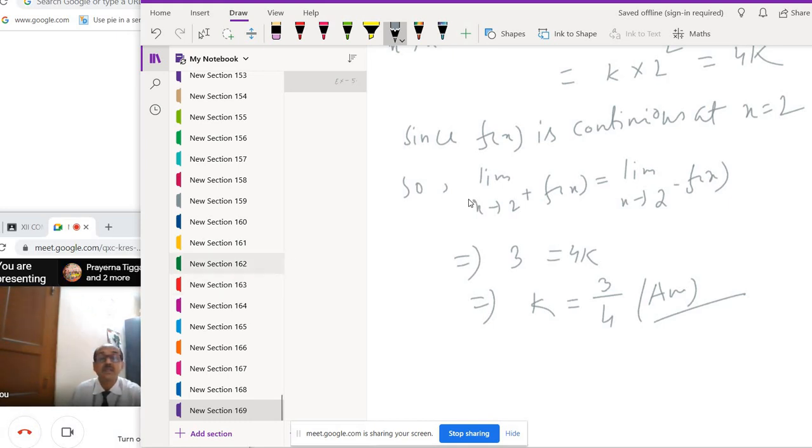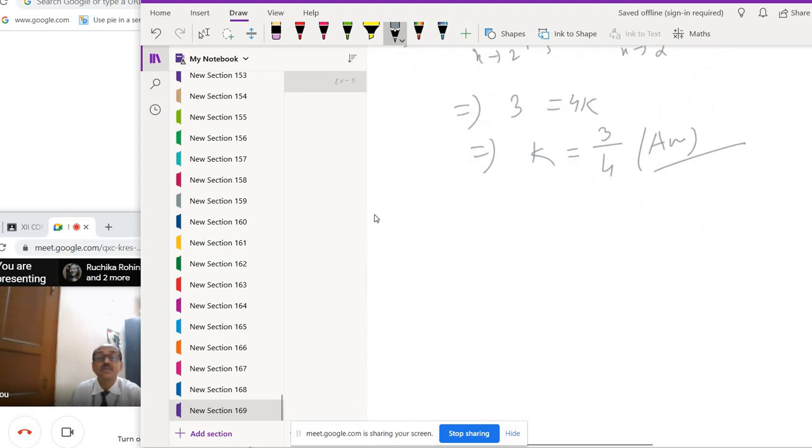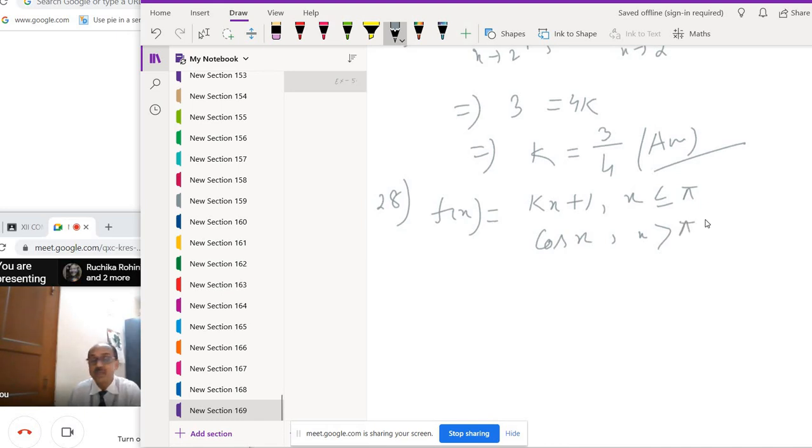Next question number 28. f(x) equal to kx plus 1 when x less than or equal to pi, and cos x when x greater than pi, at x equal to pi.